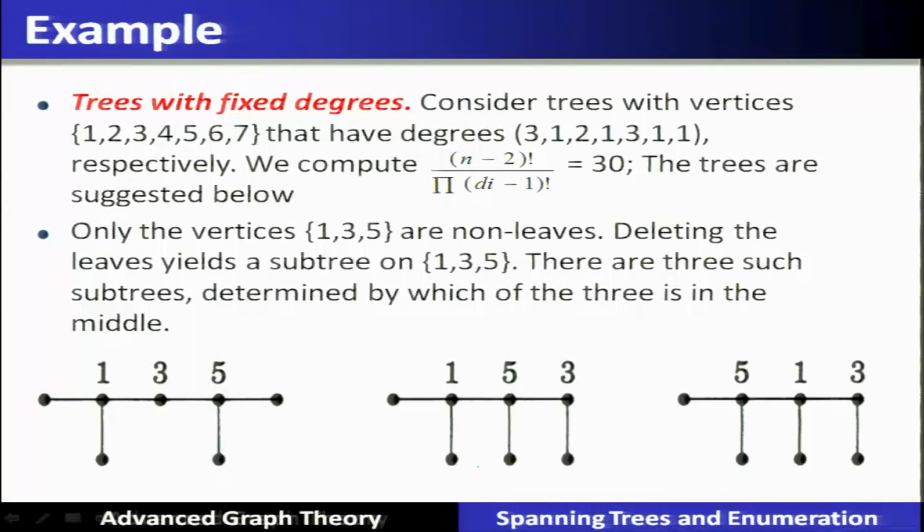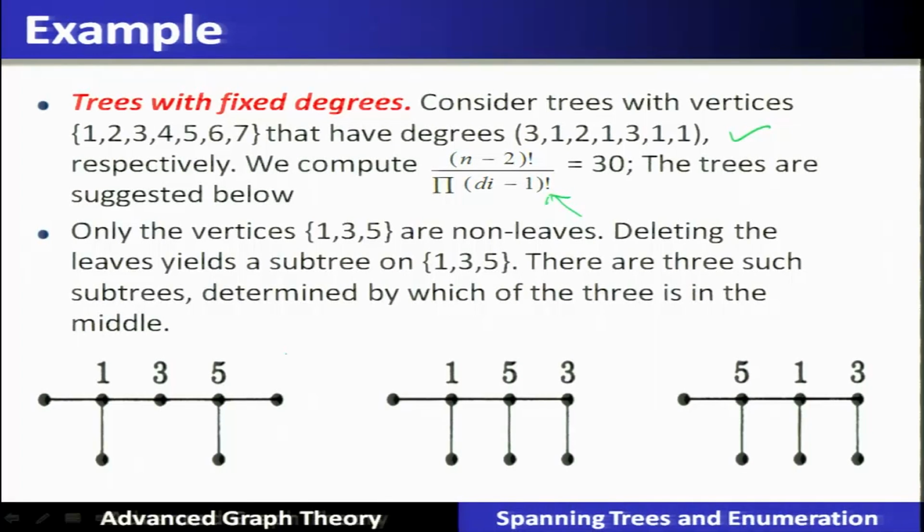Let us see through an example. Let us say we are given trees with fixed degrees. Consider a tree with the vertices 1, 2, 3 and so on up to 7, and the degrees of these vertices are given as 3, 1, 2, 1, 3, 1, 1 respectively. Let us use this formula to find out how many different trees there are. That will be (n minus 2) factorial divided by all the (degrees minus 1) factorials.